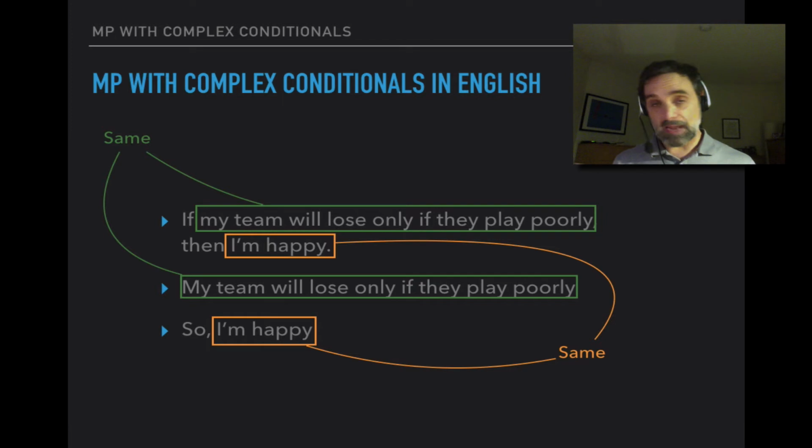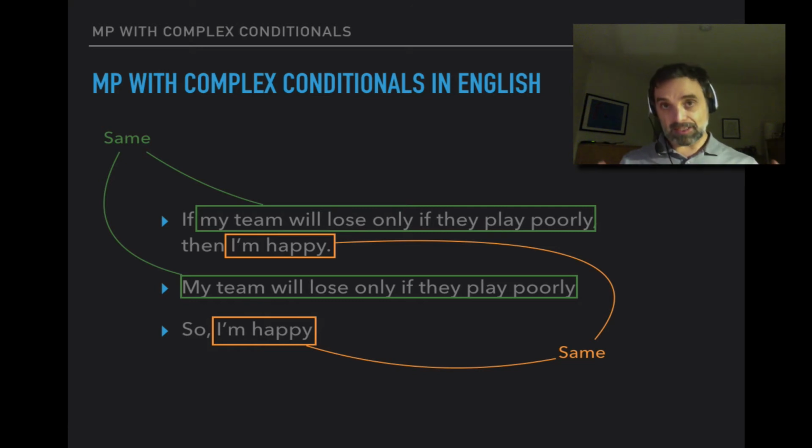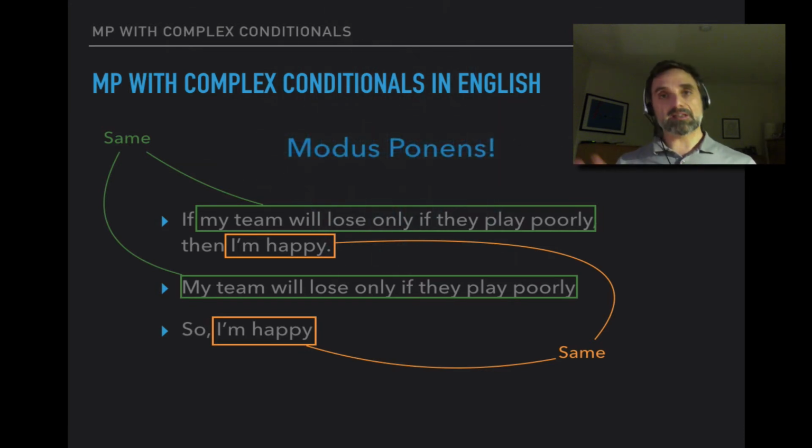The antecedent is complex, but that's okay. We have a conditional with a complex antecedent, and then we have that antecedent again. And then the conclusion is the consequent of the big conditional. So this too is modus ponens. It's if antecedent, then consequent, premise 1. Premise 2 is antecedent, and the conclusion is the consequent. So this is also modus ponens.